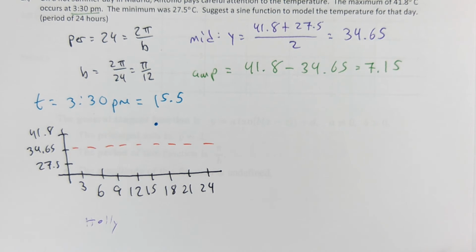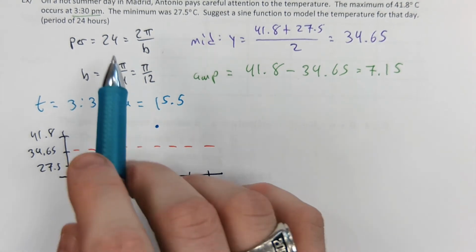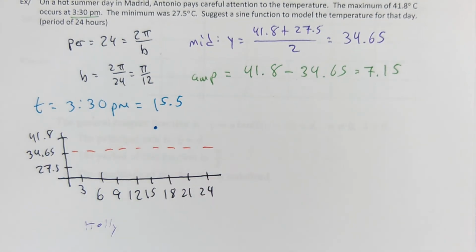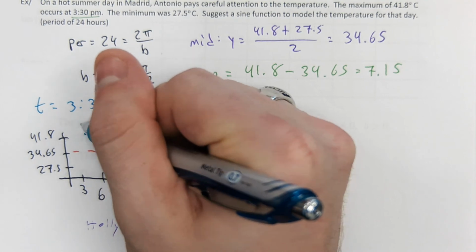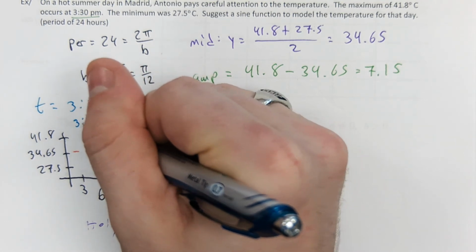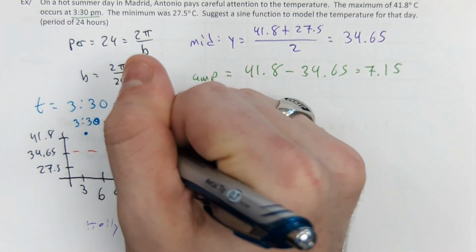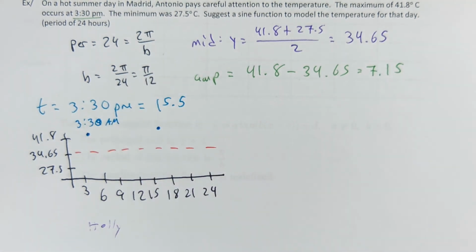Right. So if 15.5 is our maximum with a period length of 24, half a period away is where our minimum would be. So 15.5 minus 12 will give us 3.5. And we'll say that's at 3:30 a.m. Again, are we surprised? 3:30 a.m., 3.5.